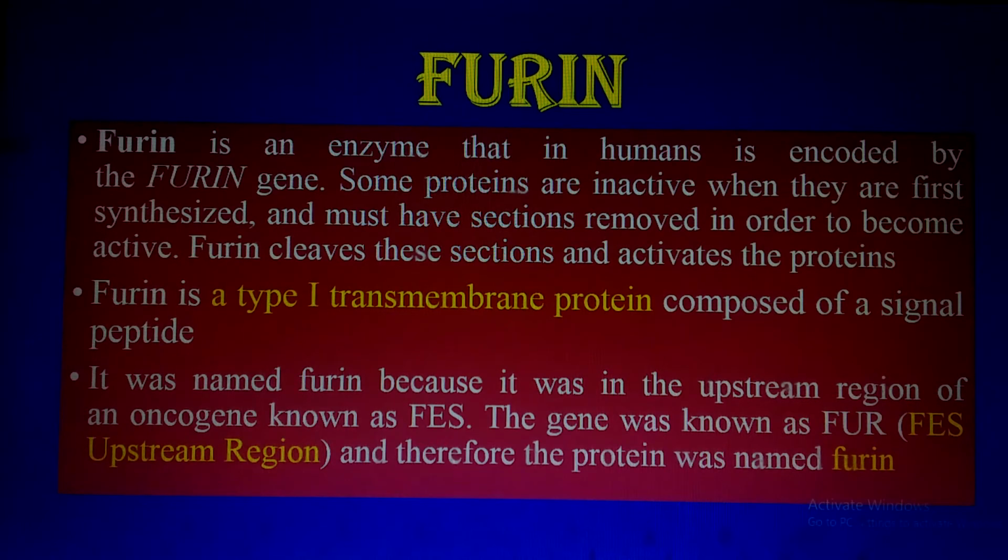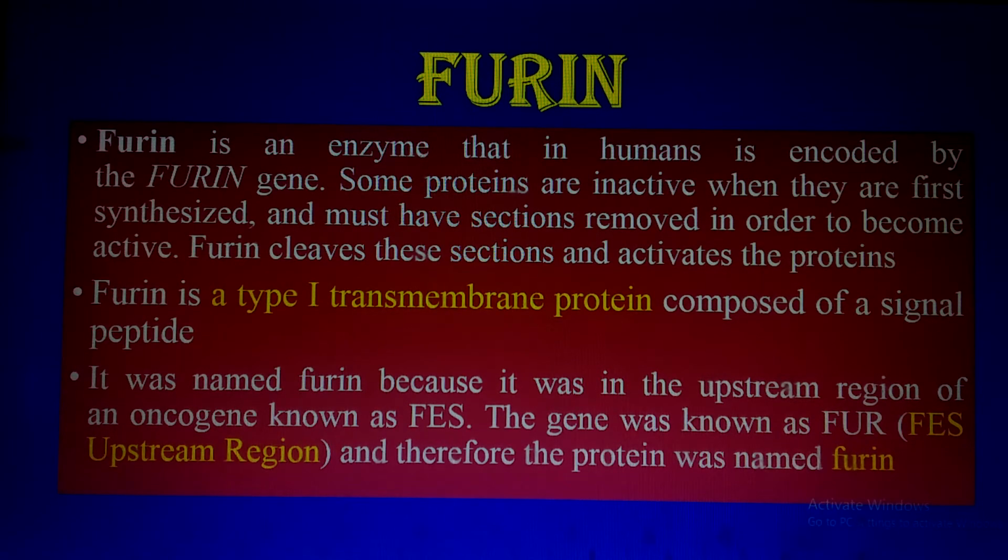It was first named furin because it was in the upstream region of the oncogene known as FES. You must read about FES, I am not discussing FES here. The gene was known as the FES upstream region, and therefore the protein was named furin.